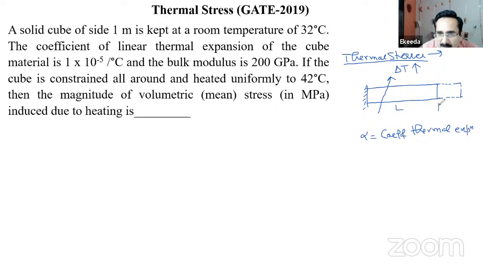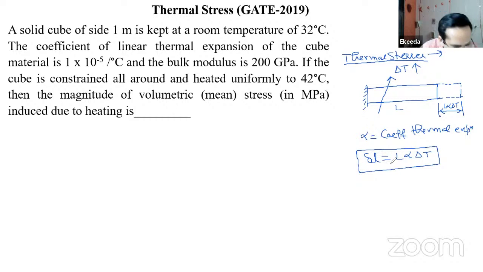Then there is an increase in the length of this body, and this increase in length is given by L alpha delta T. So this is the change in length, the elongation of the body, due to temperature rise, that is L alpha delta T.